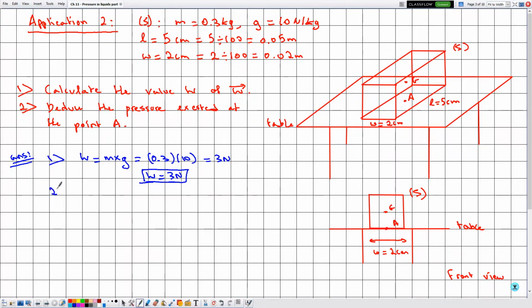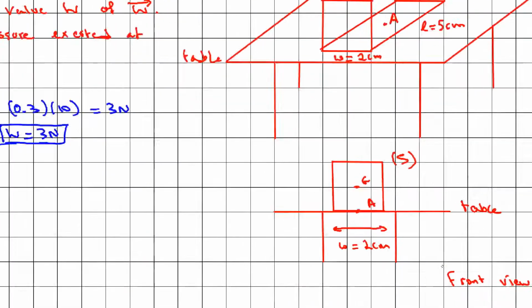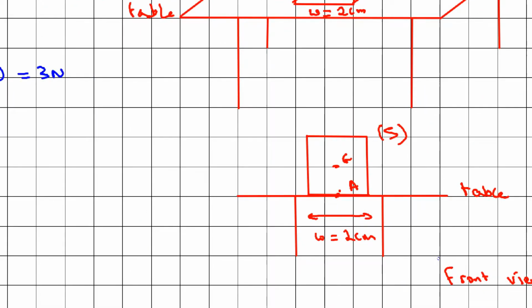Now number 2, they are telling us deduce the pressure exerted at the point A. So let's consider the point A, and since we are interested in the pressure, we look upward. So here if we consider another point, the point B, say for example. Now we know that because the point B is open to the atmosphere, then B will be directly submitted to the atmospheric pressure. However, as for the point A, we are interested in the pressure, so we look upward. Then A will be submitted to the pressure of this solid. However, it's not submitted to the pressure of the atmosphere because of the following reason.